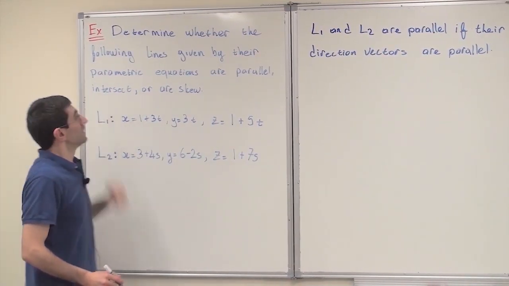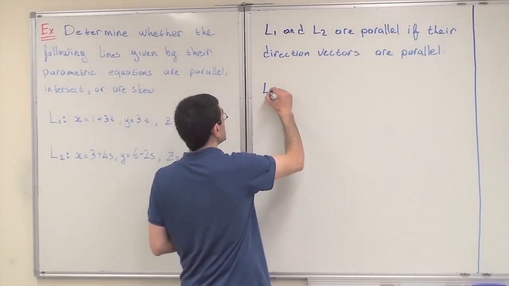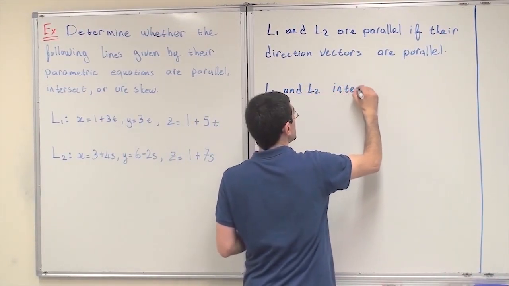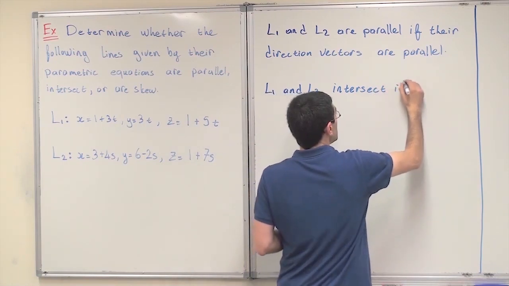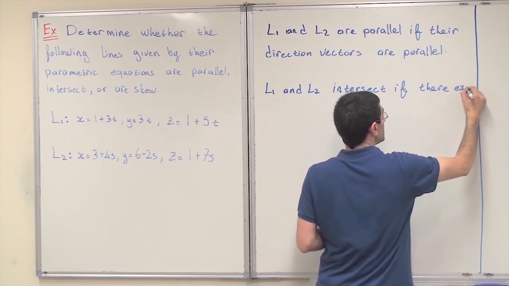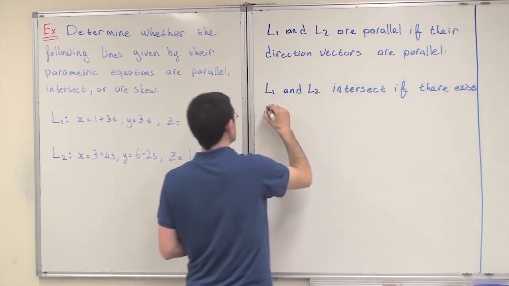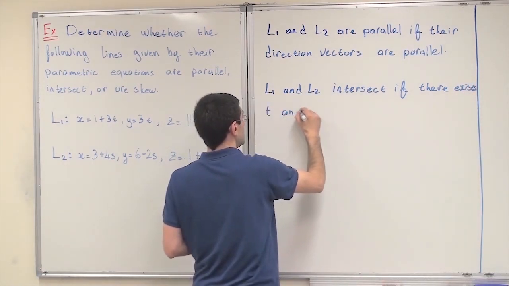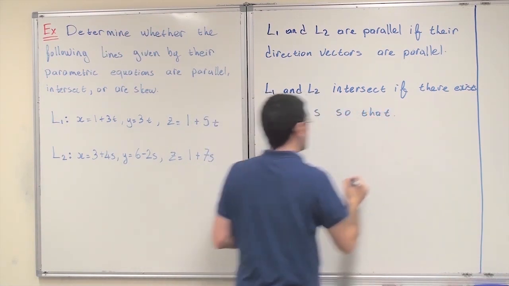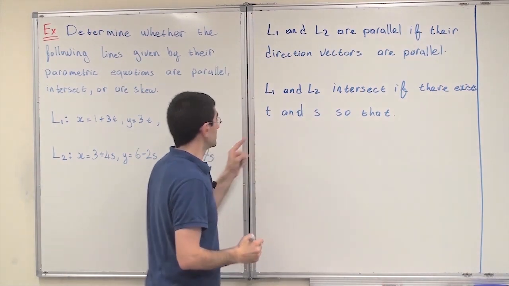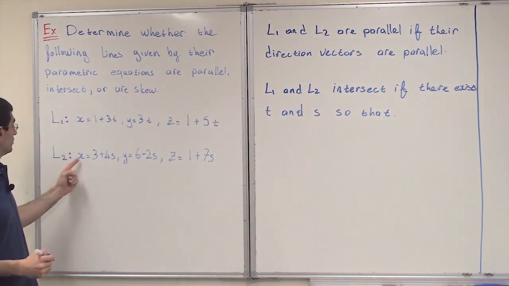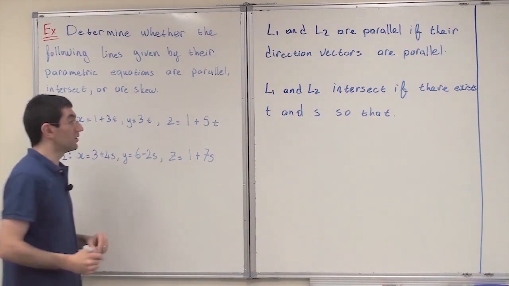Now, two lines intersect if we can find two parameters so that at these two parameters, the x, y, and z of L1 is equal to the x, y, and z of L2.